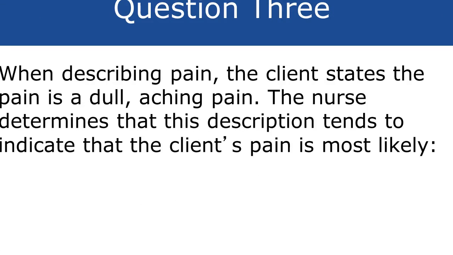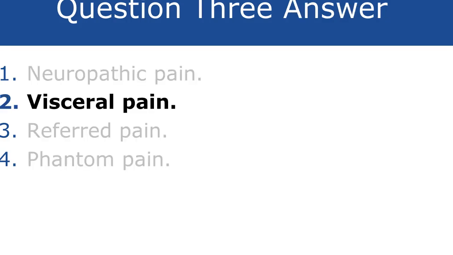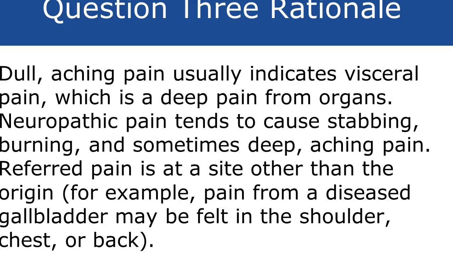The nurse determines that this description tends to indicate that the patient's pain is most likely the answer is visceral. This talks about what visceral pain is. Remember, it's deep pain from organs that I talked about earlier.